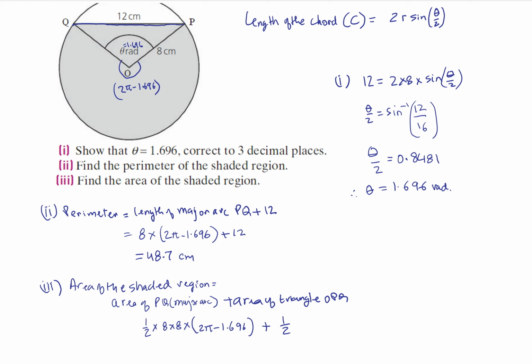Here the two sides of the triangle are 8 and 8, so it'll be half times 8 times 8 times sine of 1.696.